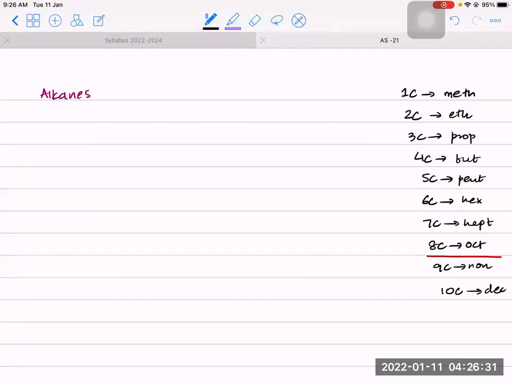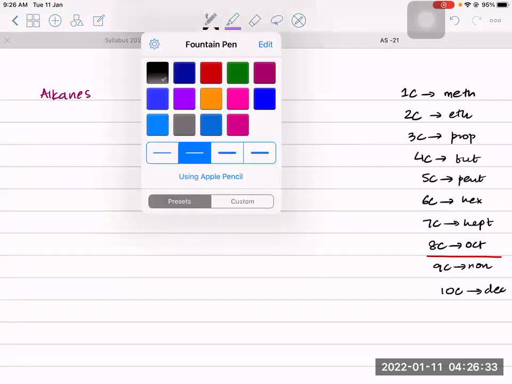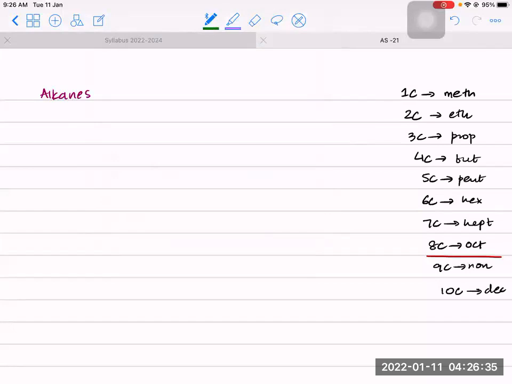Anyway, let's see what an alkane is. They are saturated hydrocarbons, which means you have carbon-carbon single bonds. The general formula is CnH2n+2, where n represents the number of carbon atoms.